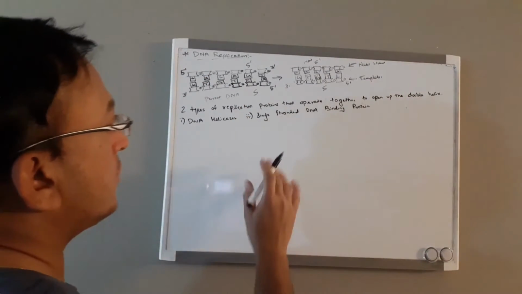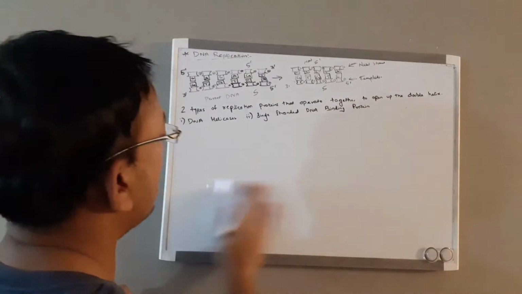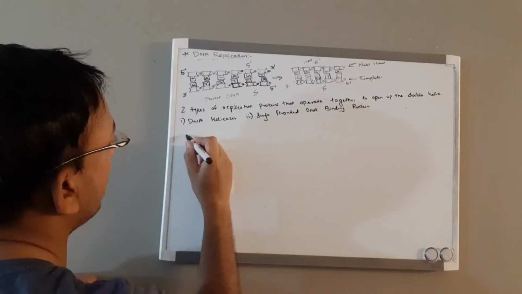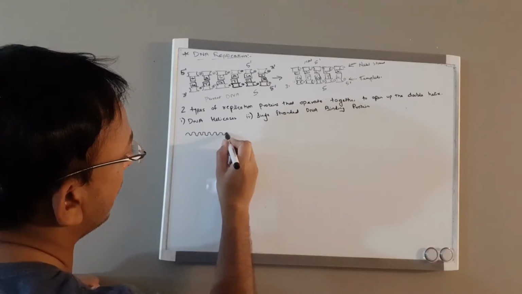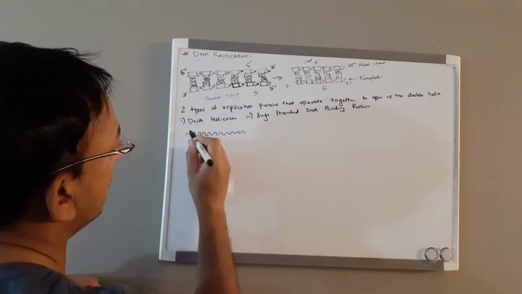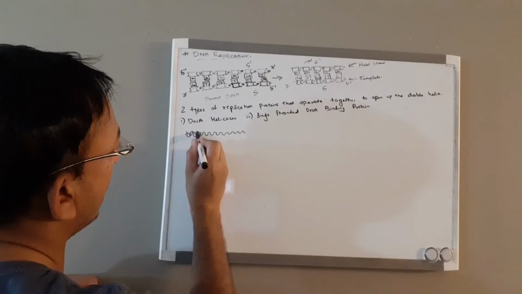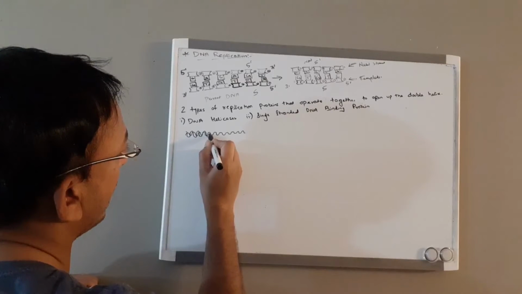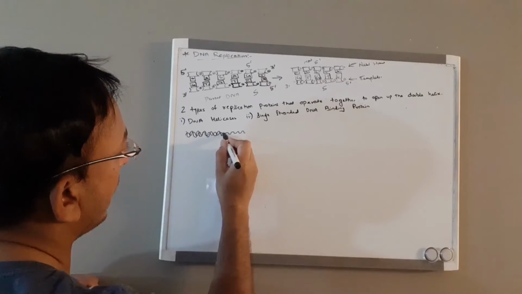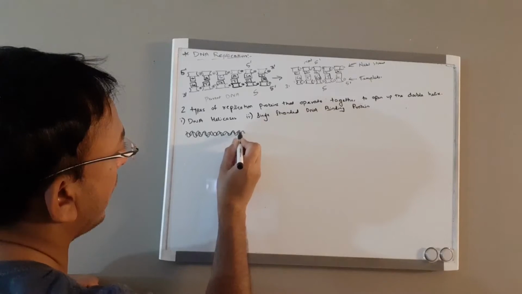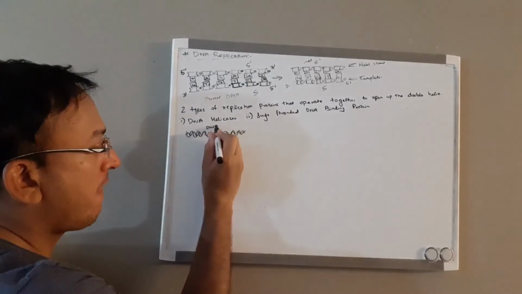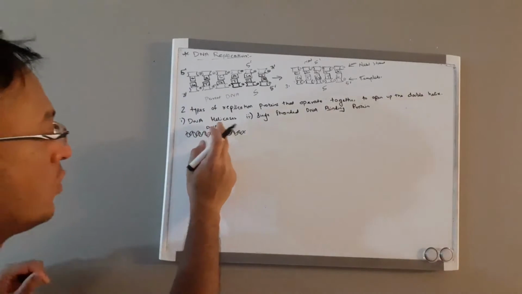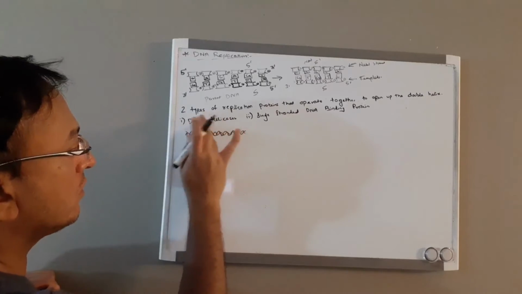How do they do it? We'll draw a simple diagram. For example, this is our DNA strand. So what does the DNA helicase do? Let me use some other color.